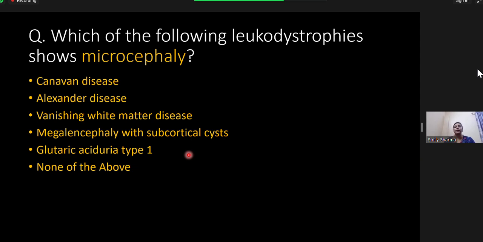For example, whenever a patient of leukodystrophy comes, the question is whether the patient has a large head or not. Many of the leukodystrophies can be narrowed down based upon whether they have a large head or not. So here the question is, which of these patients will show a small head rather than a large head?